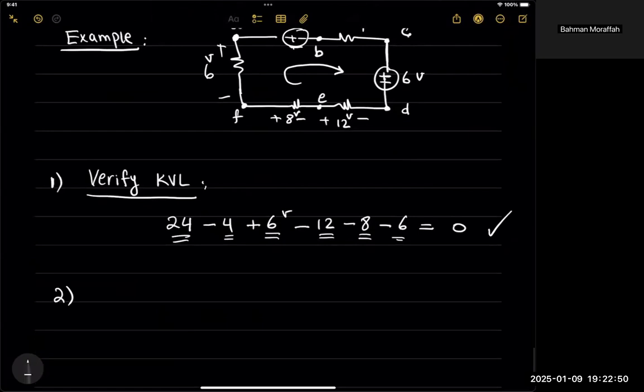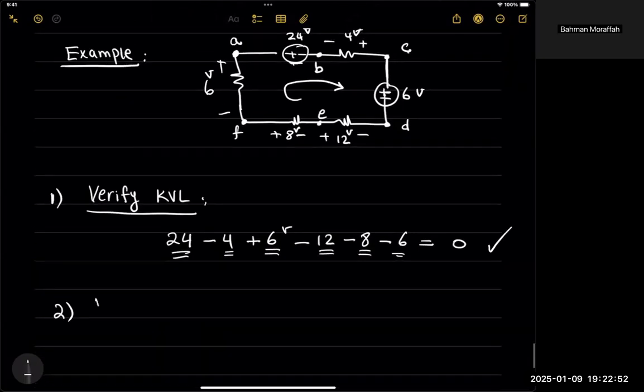The second part of the question is asking us, what is V between A and D? Well, if you look at V between A and D, it's not exactly a closed loop, but we can think of it as there is a voltage between these two that's called VAD.